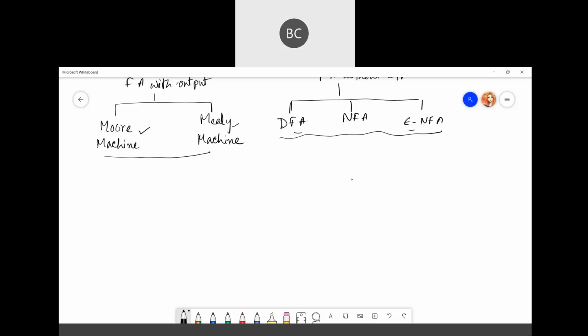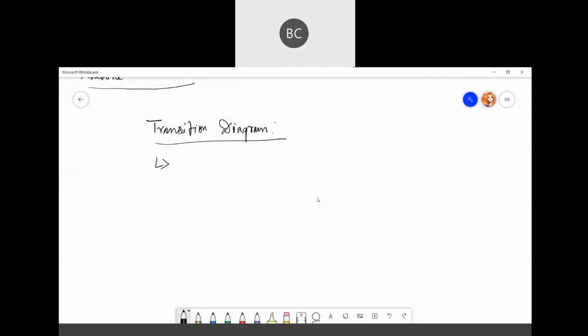It is basically a graph which consists of nodes and paths. The nodes or circles are the states. Basically, it's a directed graph.